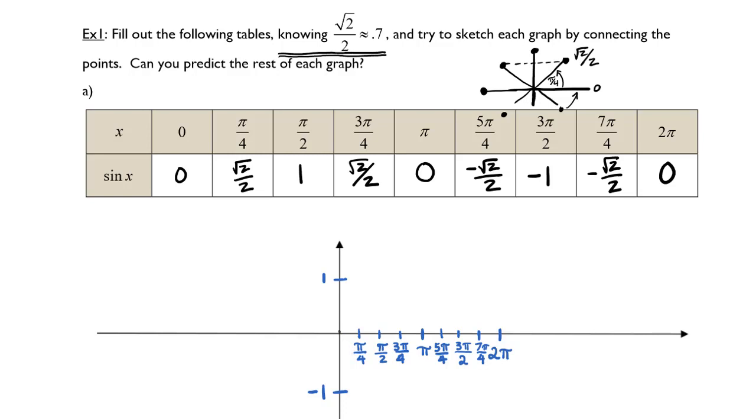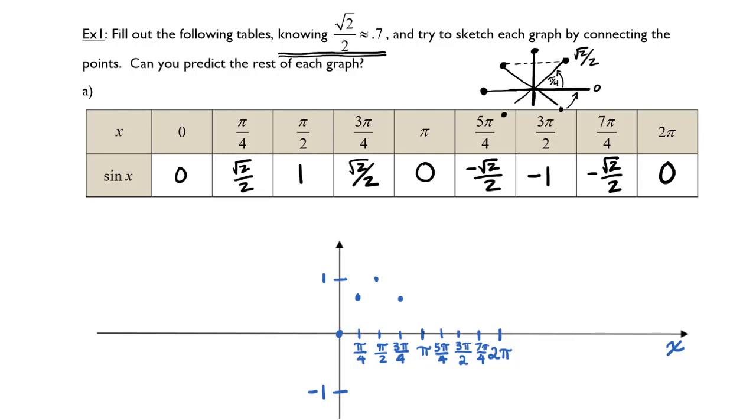Now at 0, for my angle, or my input x, I'm at a height of 0. At pi over 4, I'm at root 2 over 2. At pi over 2, I'm at 1. At 3 pi over 4, I'm at 0.7 again.